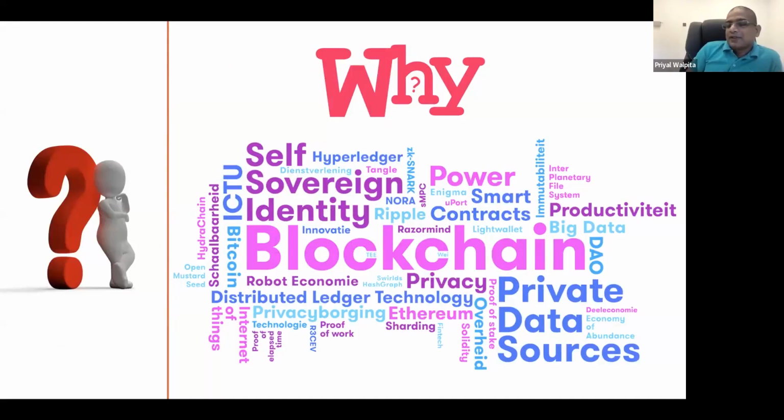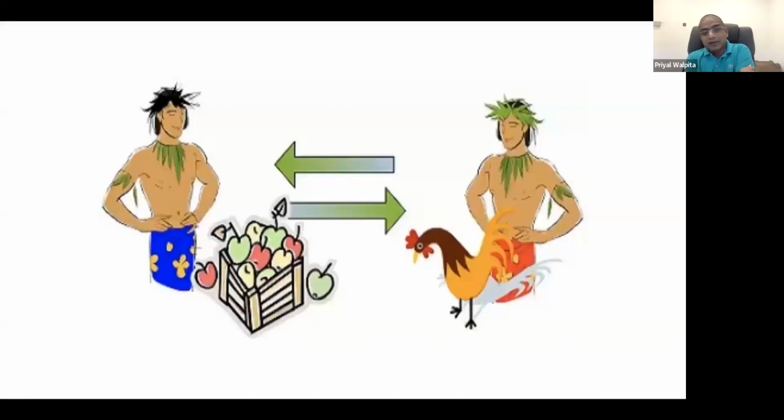But the first thing we need to understand is that Bitcoin is not blockchain. Bitcoin is just an application of blockchain. Talking about very old days, whenever we wanted to do a transaction, we used to have a bartering system, where we just exchange goods.